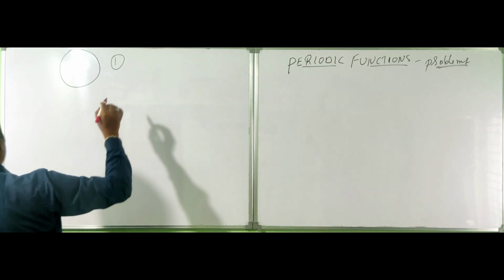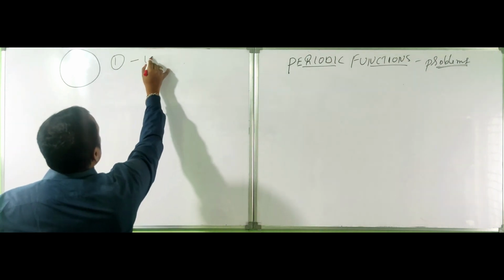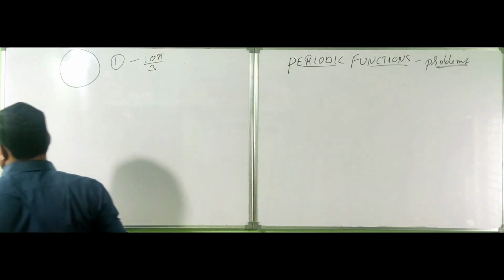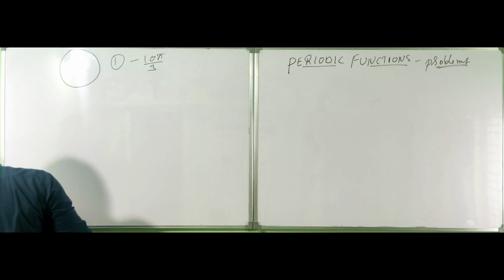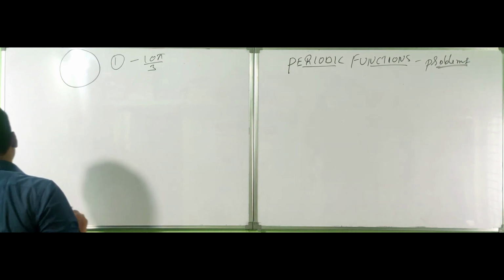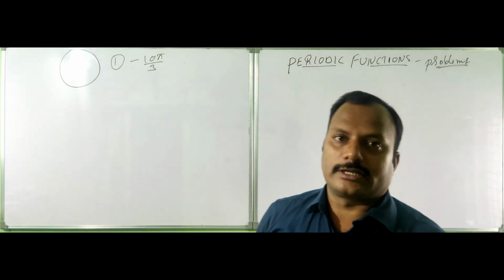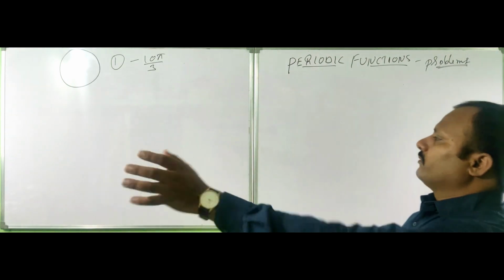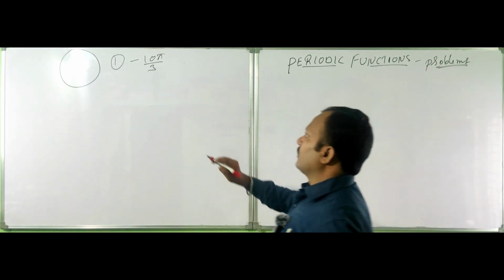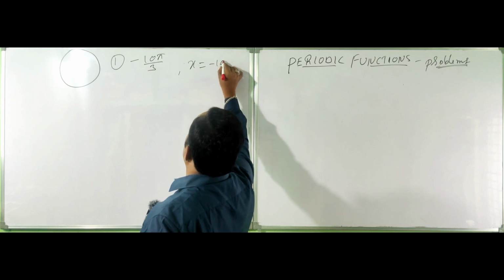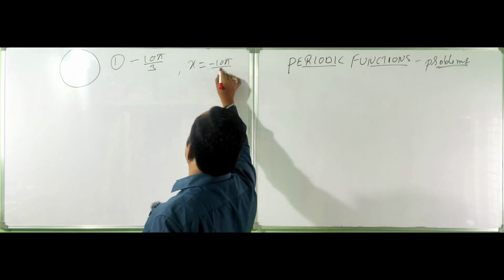Which of the 6 trigonometric functions are positive for x is equal to minus 10 pi by 3?